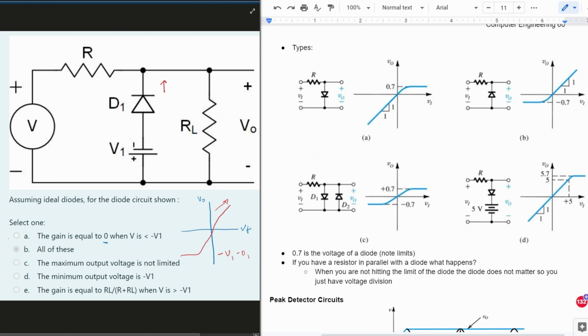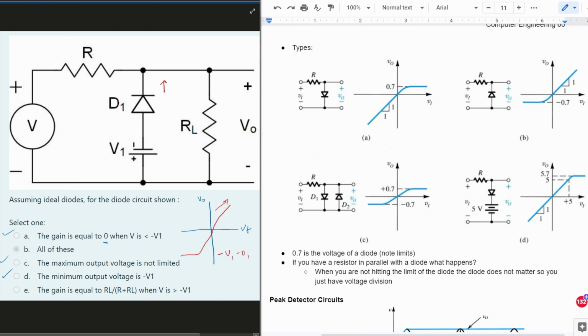So this is true. Next, let's look at the maximum output voltage is not limited. Well, we just said this is going to keep going. So the maximum output voltage right here is going to keep going. Therefore, it's not limited. Next, we have the minimum output voltage is negative V1. Well, the minimum output voltage is going to be right here, right? This is where it goes flat. So our minimum output is, yes, going to be this negative V1.